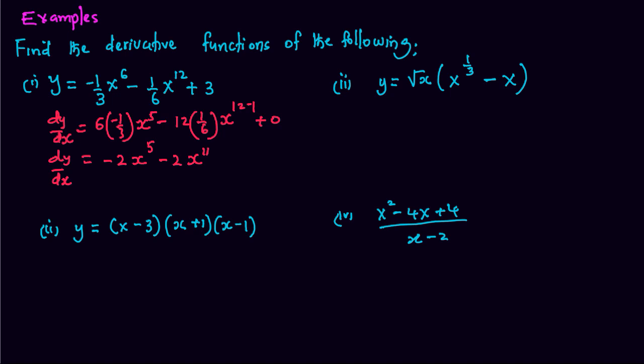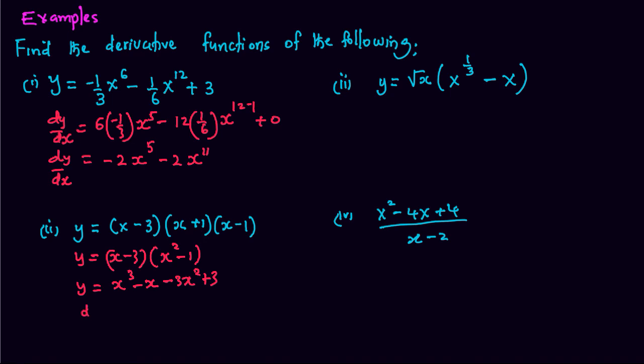In the second case, we need to first expand the right hand side of the equation, which gives us x minus 3 times x squared minus 1. So we have y is equal to x cubed minus x minus 3x squared plus 3.